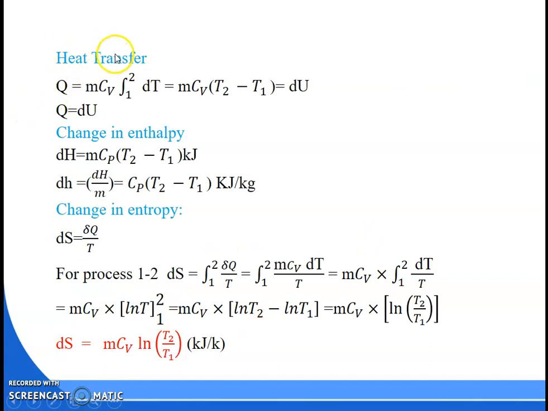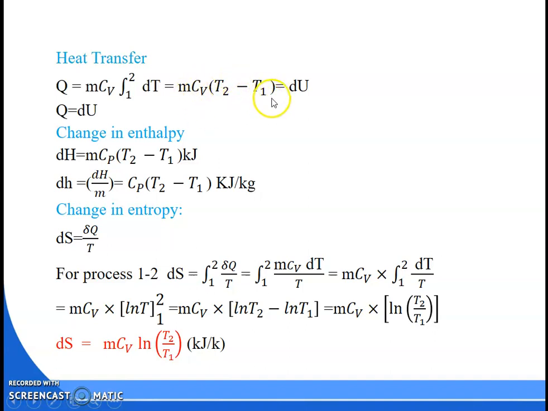Then we will calculate heat transfer. What you know is del Q is equal to mc dt. Here heat will be transferred at constant volume, so we can write del Q is equal to mCv dt. Since mCv is constant, taking it outside, Q is equal to the integration of mCv dt, which is mCv times the integration of dt from 1 to 2, that is mCv into T2 minus T1.